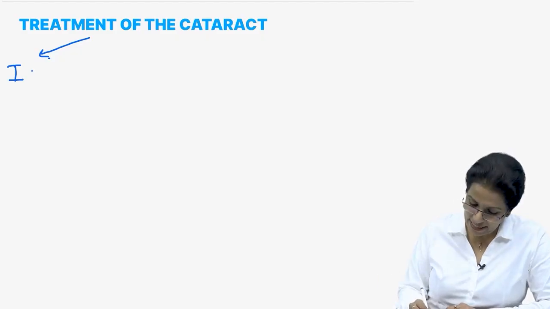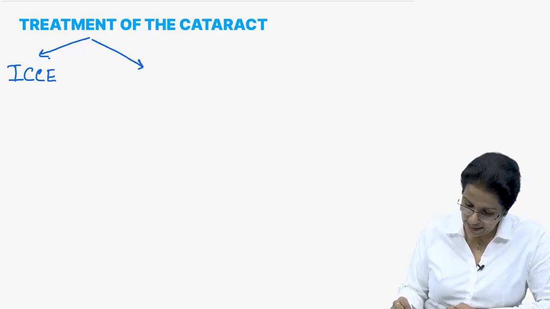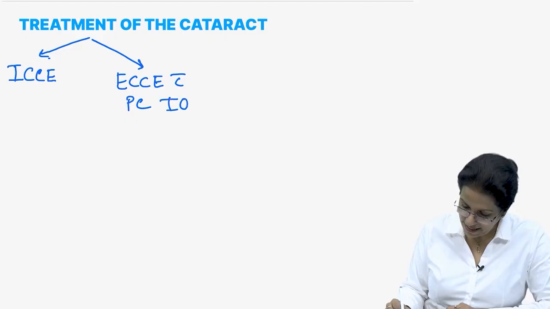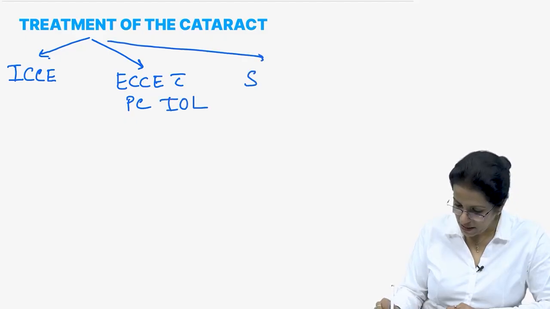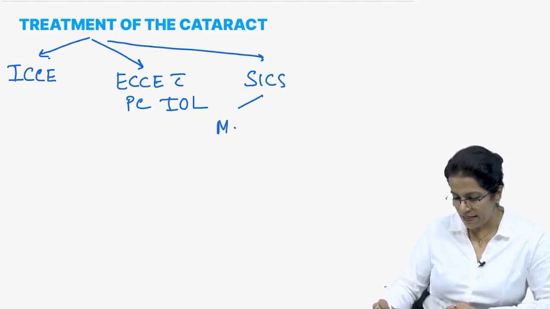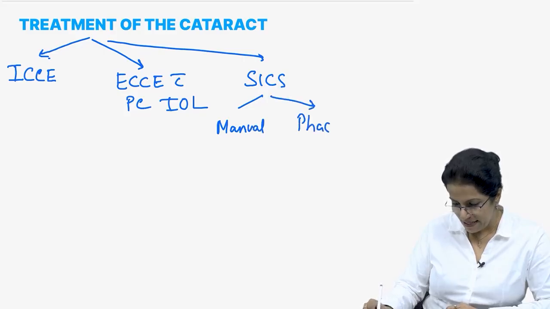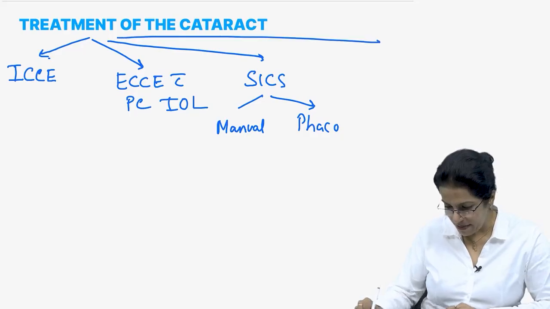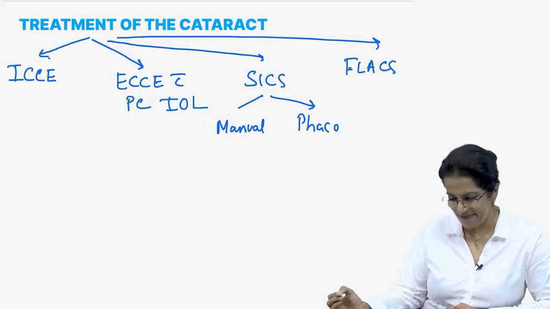One is ICCE, intracapsular cataract extraction. Second is extracapsular cataract extraction with posterior chamber intraocular lens implantation. What is the third one? Small incision cataract surgery, which can be either manual cataract surgery or phacoemulsification. And the fourth one, which is the latest, is femto laser assisted cataract surgery.